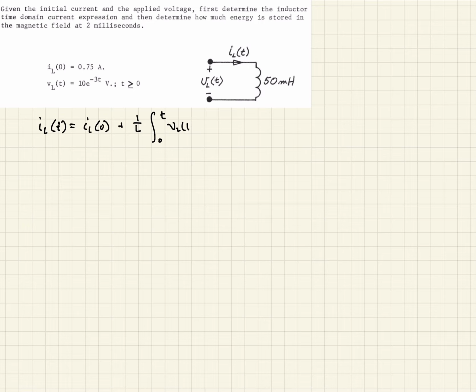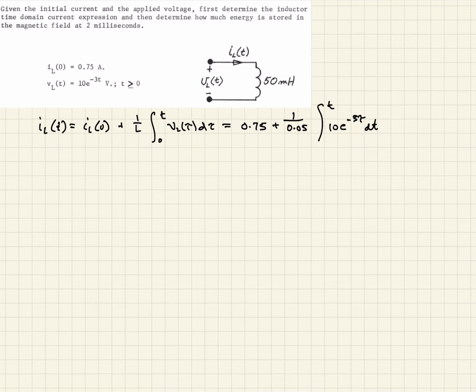We usually do a dummy variable, tau, d tau. And so in this case, we get 0.75 plus 1 over 0.05 times the integral of 10 e to the minus 3 tau d tau. That's integrated over t.